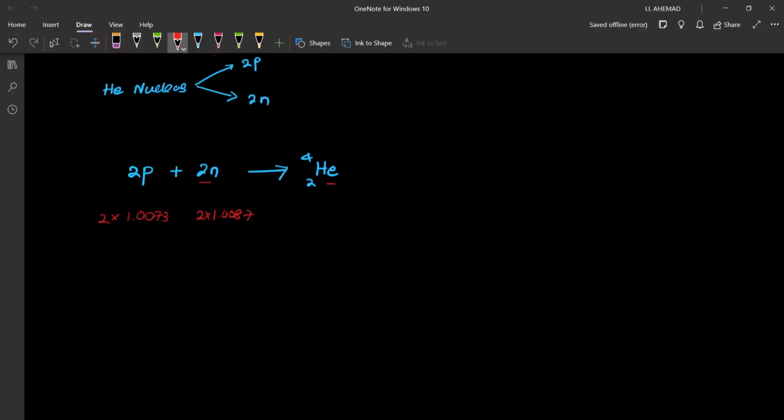And the mass of helium nucleus in terms of AMU, that's 4.0026. So AMU is also a measure of mass. We are measuring mass in terms of a new unit. Do you have that idea?